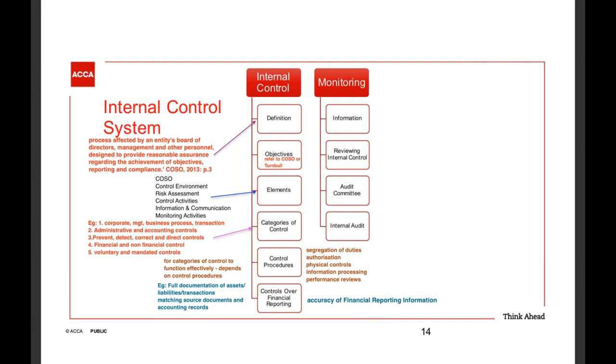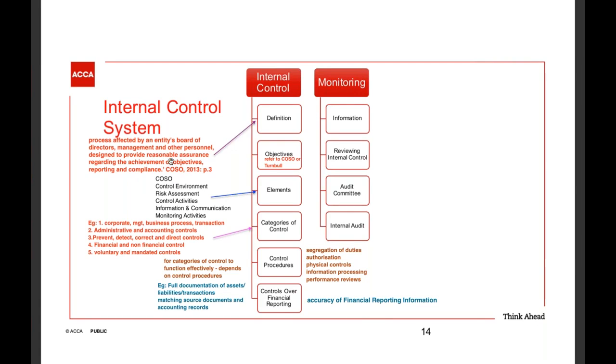So that's the reason why you need a good internal control system, because basically it is an assurance. Look at the definition here. It is basically an assurance regarding the achievement of objectives, reporting, and compliance. This particular definition is actually from COSO.